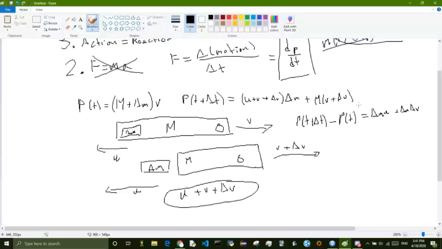Yeah, it's an interesting question. I think momentum is conserved here. Hang on. Yeah, we're setting this equal to 0. Sorry, I should say that right up front. This difference is equal to 0. Okay, yeah, that makes sense because it's conserved.